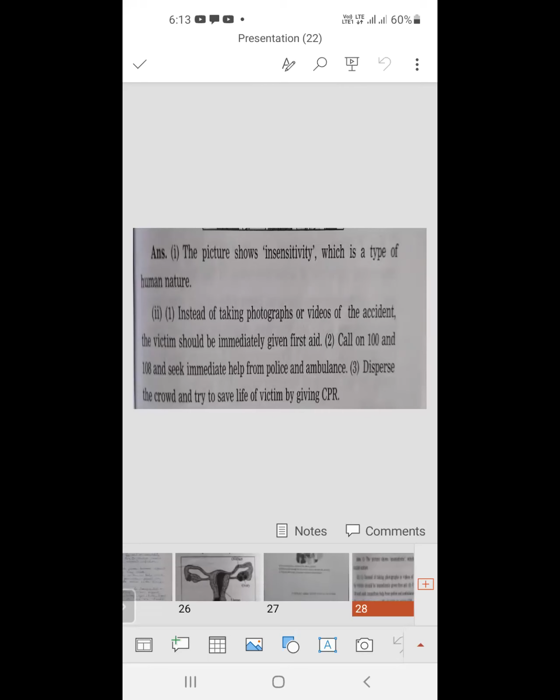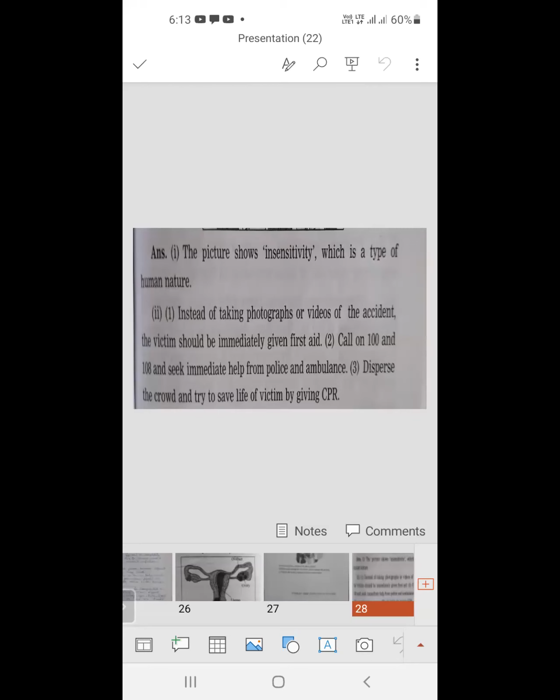Their duty is to take that person to hospital, but they are only using those pictures to upload on social media. So this is the insensitive nature of humans. You can write the answer in this way.